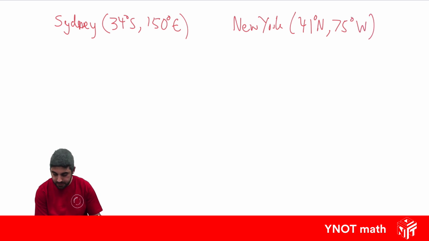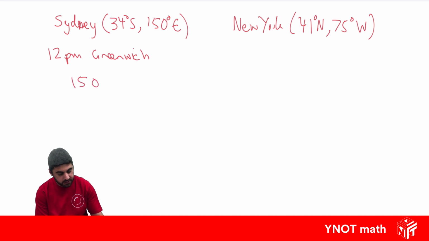Now, if it's 12 noon, so 12 p.m. in Greenwich, what time is it in Sydney and New York? Well, let's have a look how we can work that out. So we know Sydney is 150 degrees east of Greenwich.